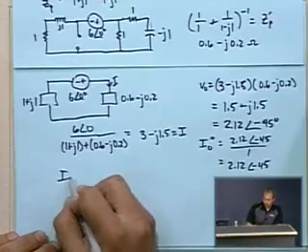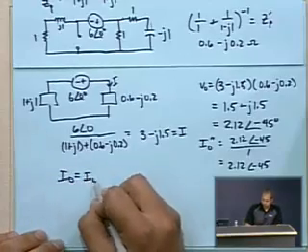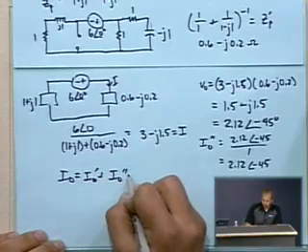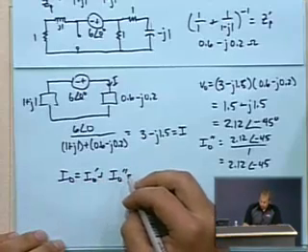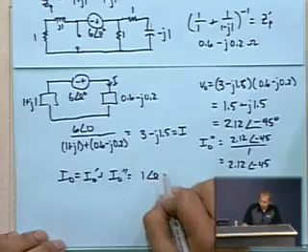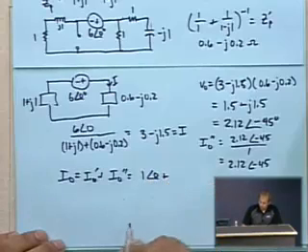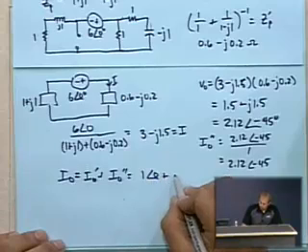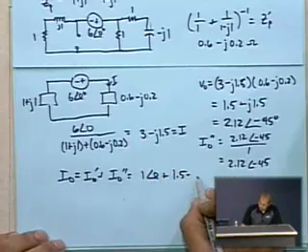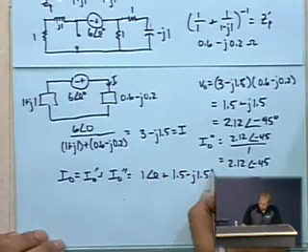So the overall current I0 will equal I0 prime plus I0 double prime, which is 1 at an angle of 0 plus 1.5 minus J 1.5.